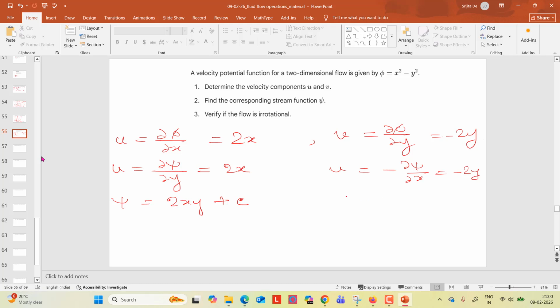That means psi equals 2xy plus c prime. So this is your corresponding stream function. And verify if the flow is irrotational.